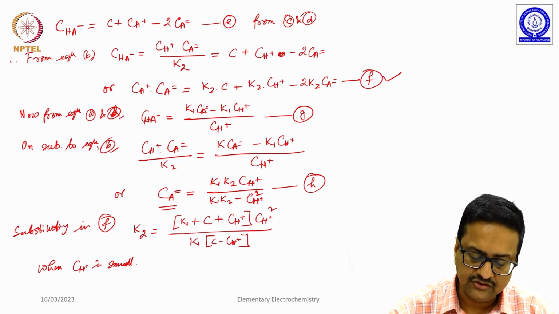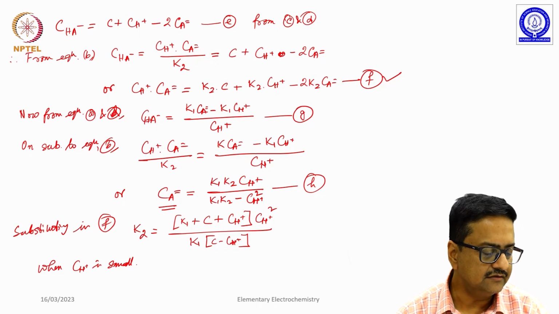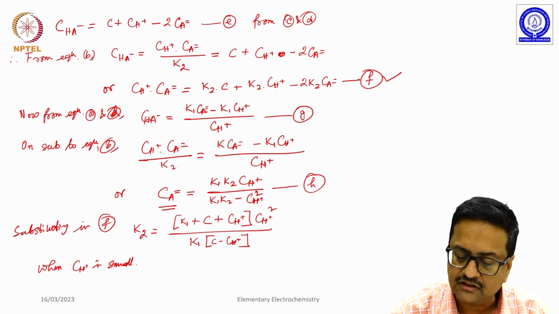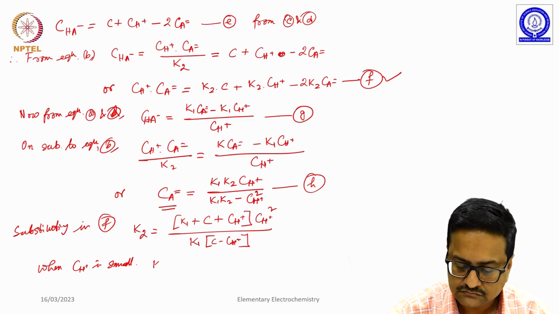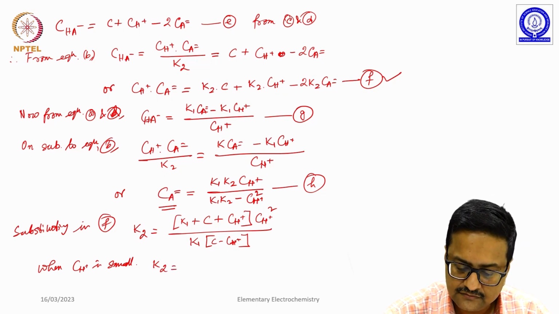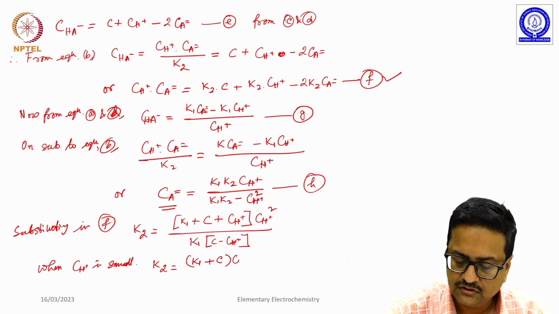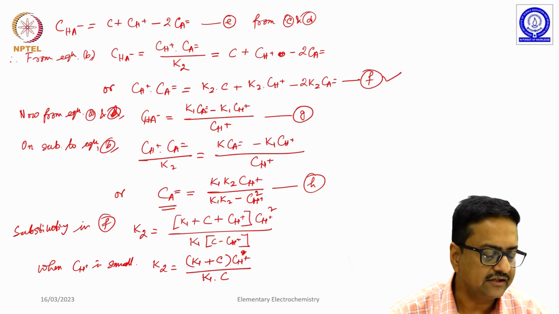So, at infinite dilution this CH plus is extremely small, so then one can ignore the term here and rewrite K2 as equal to K1 plus C into CH plus divided by K1 into C.